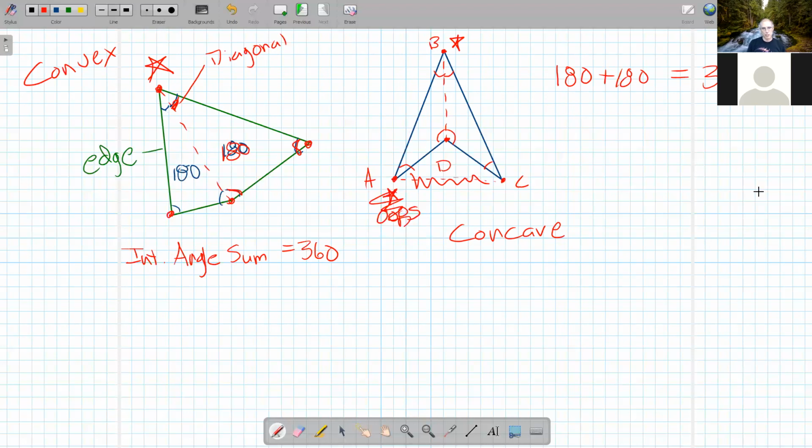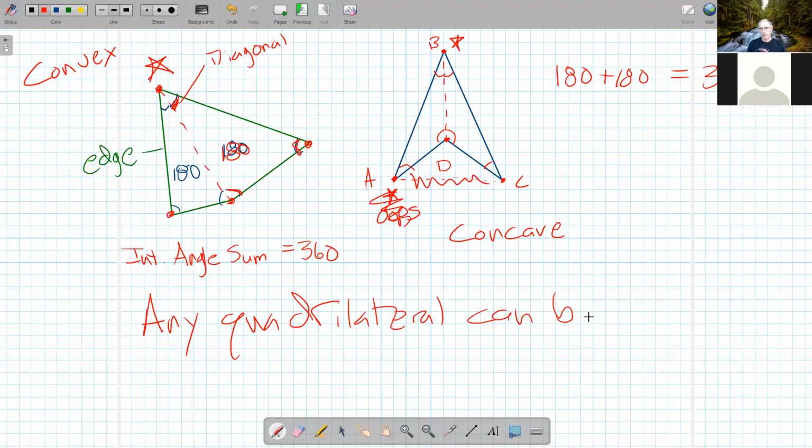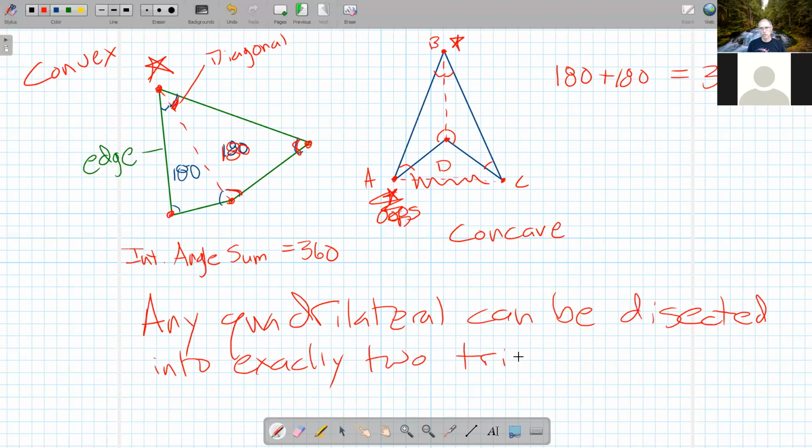So my further evidence is that any quadrilateral is what the book and I were trying to get at. A quadrilateral can be dissected into exactly 2 triangles whose interior angles. Anybody remember the other word for interior angles that we call angles like this here?